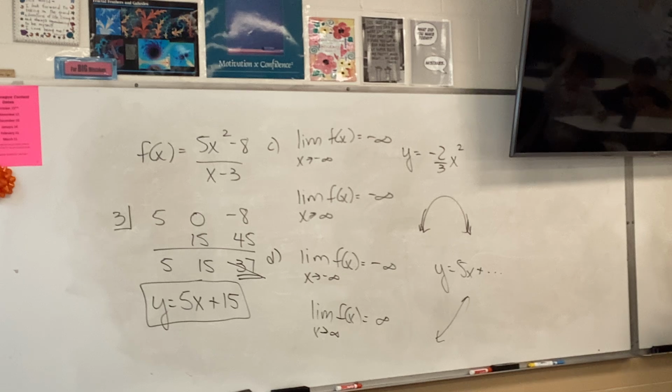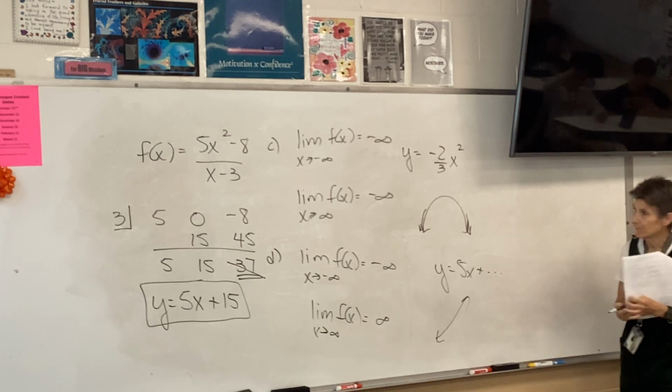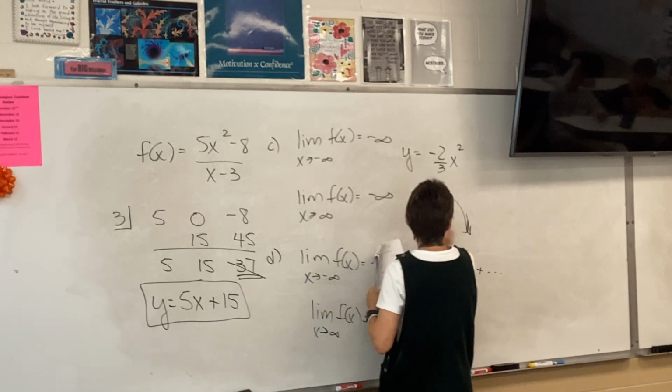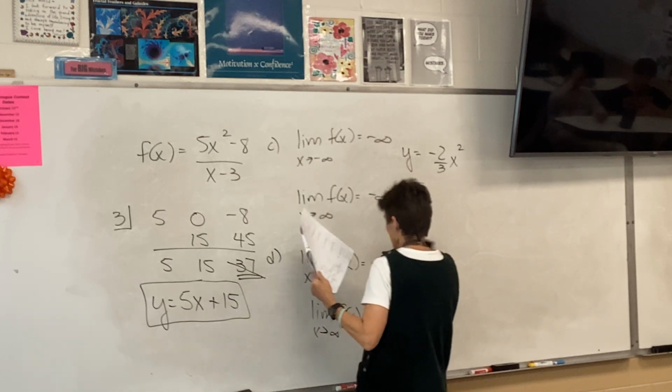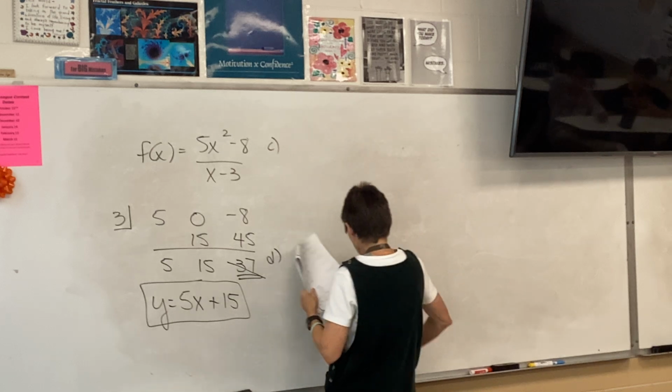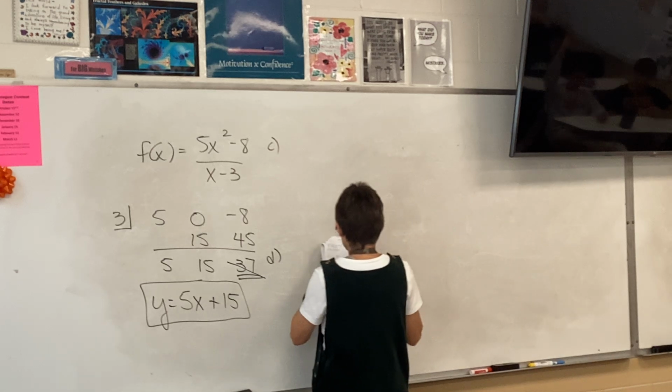I know most of you, maybe all of you, have turned it in. There were a couple in the homework. I just want to do another one with you. There was one in the homework that looked like this.